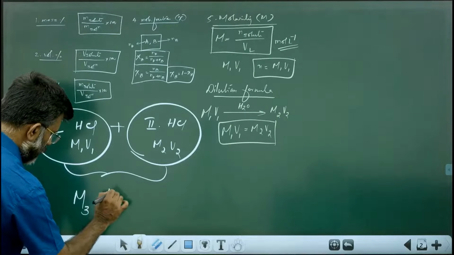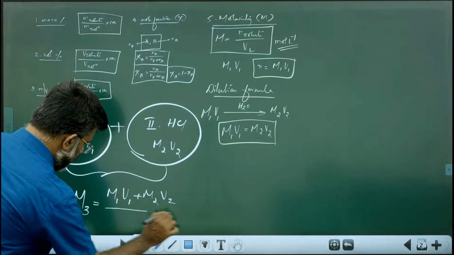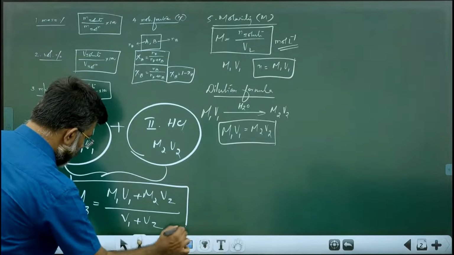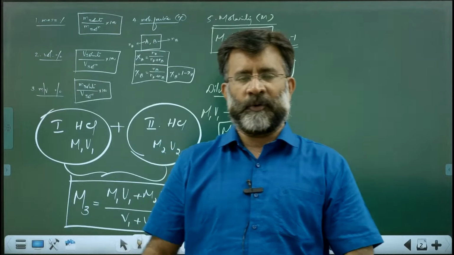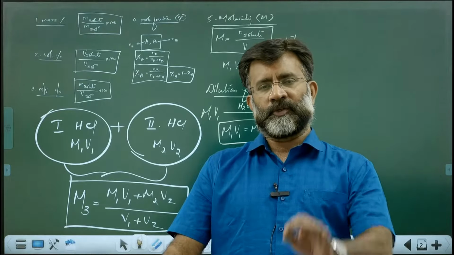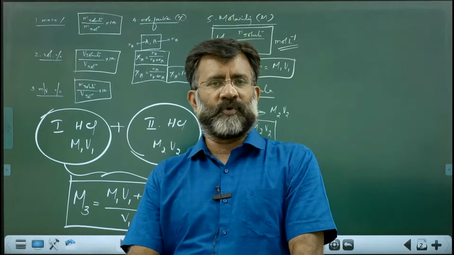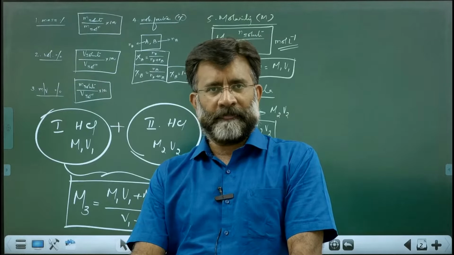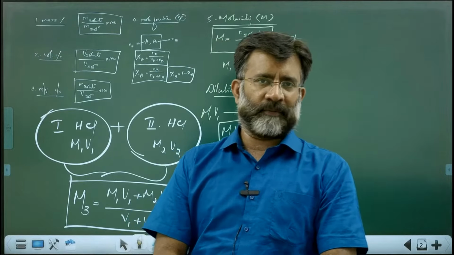M3 is equal to M1 V1 plus M2 V2 divided by V1 plus V2. Rather, in the denominator, it is the final volume. Either you can take V1 plus V2, or in some numericals a different final volume may be given, so you have to use the final volume. So M1 V1 plus M2 V2 by V1 plus V2, or final volume. That is the additive formula when you are mixing two identical solutions.